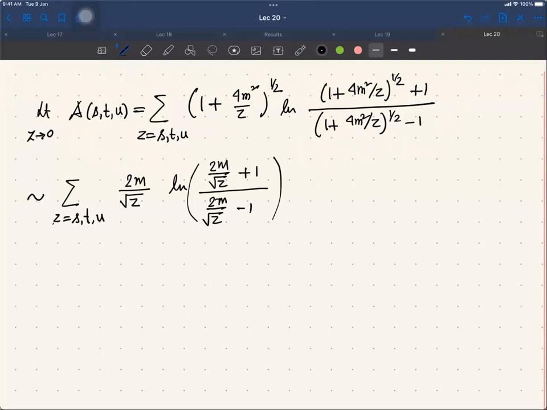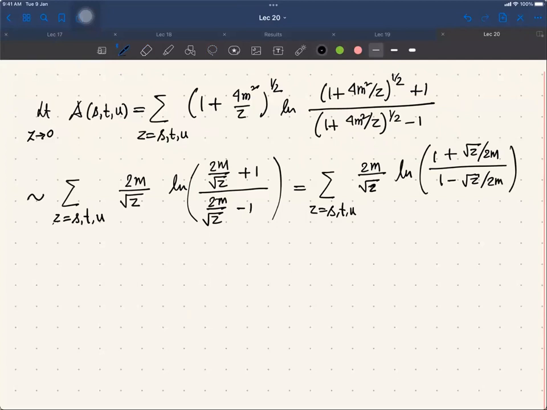And that is the same as the sum over z equals stu of twice m over square root z times log of 1 plus root z by twice m divided by 1 minus root z by twice m. Now you can binomially expand the denominator.